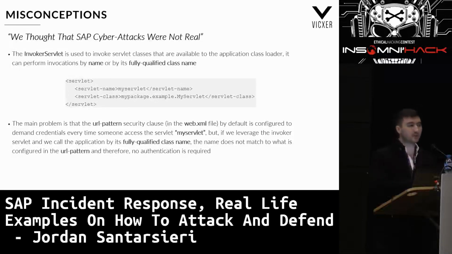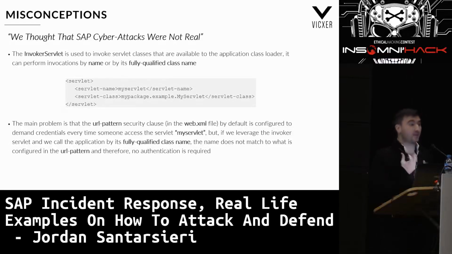Every single web application that is a servlet in SAP comes with a web.xml file. And inside the web.xml file, you have what is called the URL pattern. That basically says, hey, every time someone goes to jordan.com/myservlet, you need to ask for username and password, and at least the user that is trying to use that servlet has to be administrator, for example.